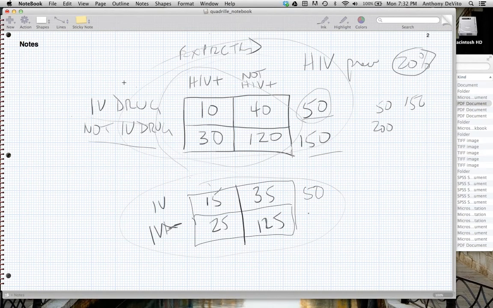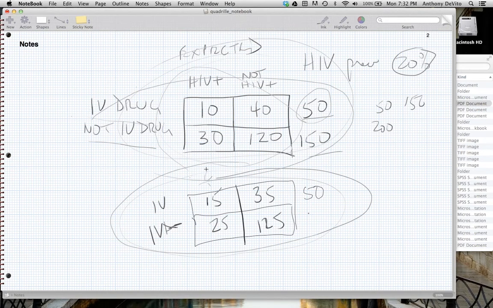But how are we going to tell if there really is an association between these two? What we're going to look at is not just the fact that there is a difference between our expected values and our actual observed values, but how big those differences are.